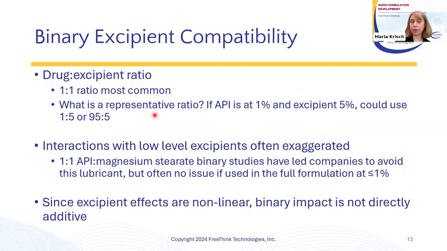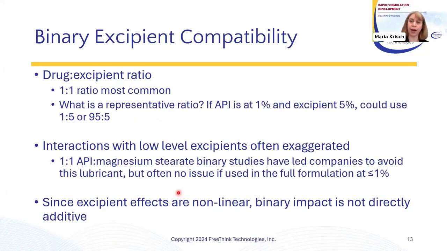Another thing that can happen with these studies is that if you have excipients that are themselves at low levels, you can sometimes exaggerate issues with them. The most common example of this is that 1:1 API magnesium stearate binary studies have led some companies to exclude using this lubricant.